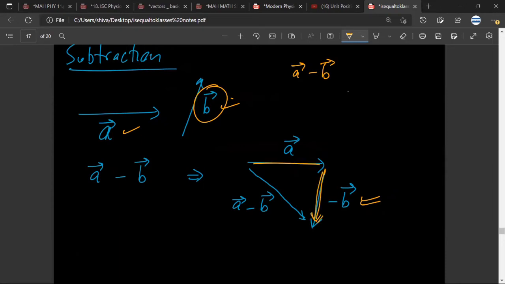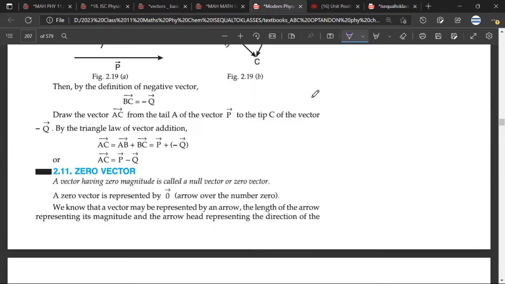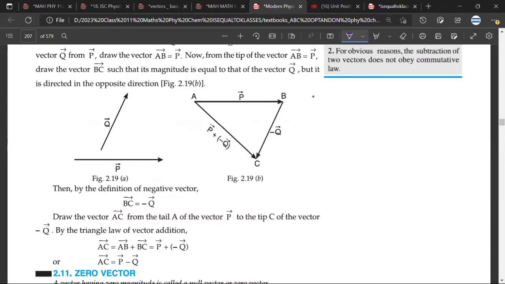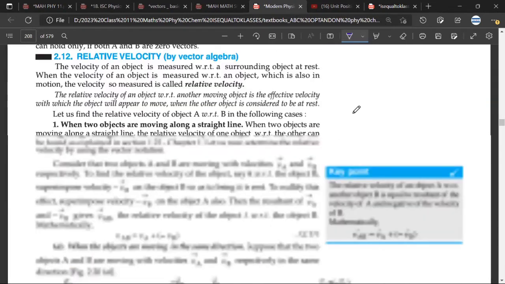Once I add a and minus b, this is the resultant vector that I get. This is what they have written here also. If you want to find p minus q, this is p, this is q, I have changed the direction of q, and this is the resultant vector. This is all that they are trying to say. Any doubt here? No, sir.